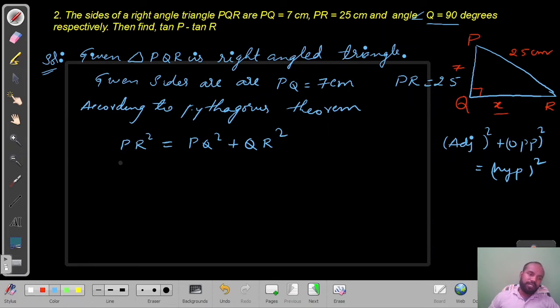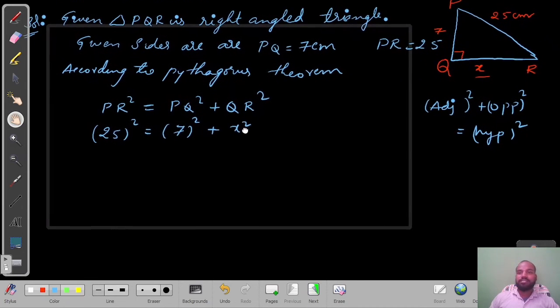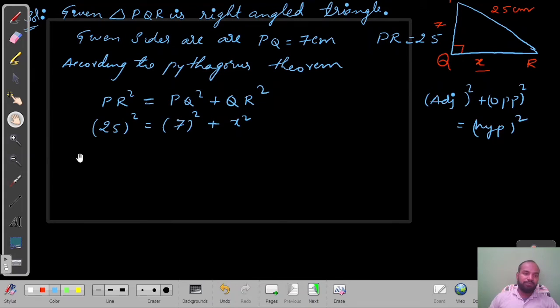PR is 25. So 25 square equals PQ, which is 7, so 7 square plus QR square. QR is the unknown value X, that is X square.